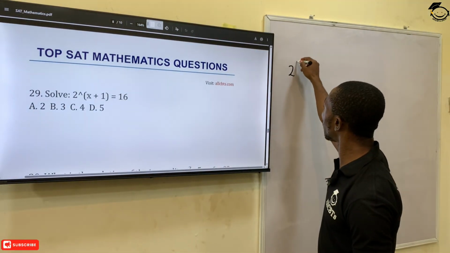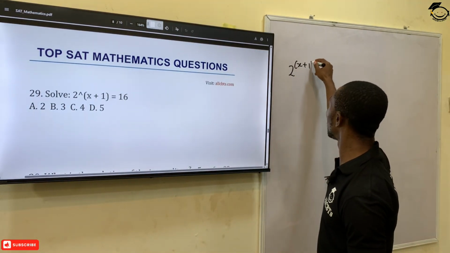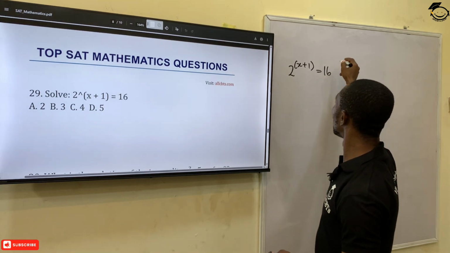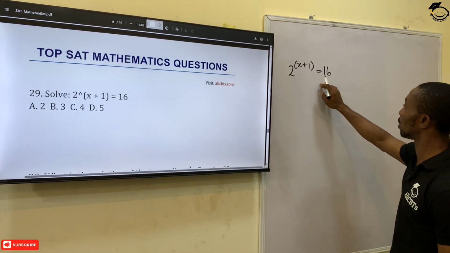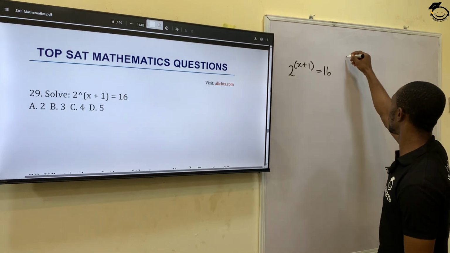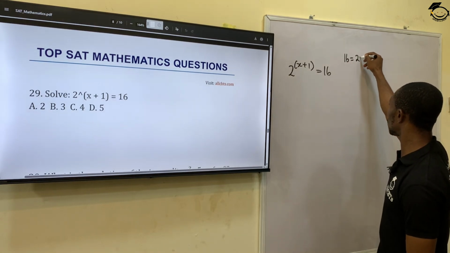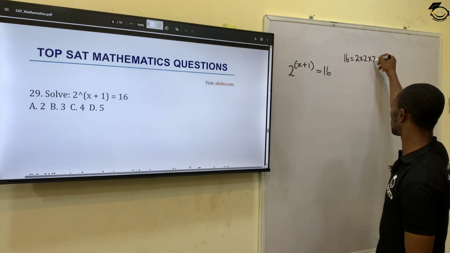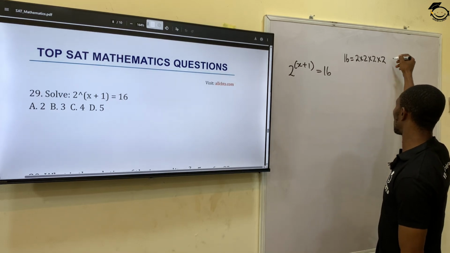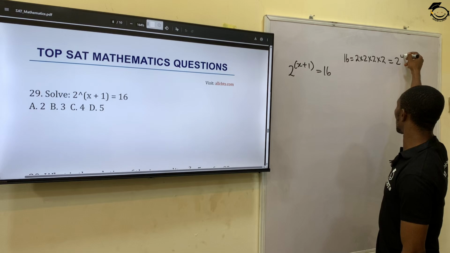Solve for 2 raised to power x plus 1 equals 16. Now, we'll first of all break down 16 to base 2. That will give us 16 equals 2 times 2, 4, 4 times 2, 8, 8 times 2, 16, which is 2 raised to power 4.